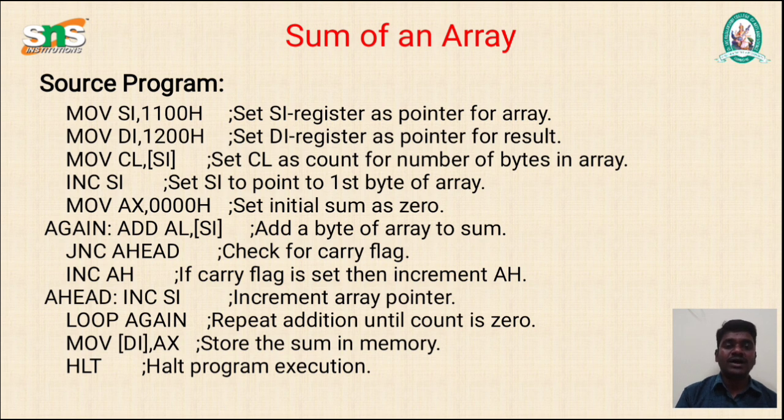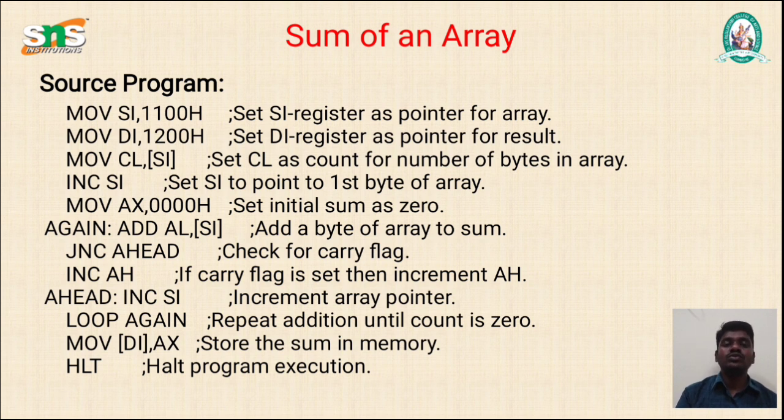Next step, after the addition, JNC ahead means it will go to INC SI. Here JNC means jump on no carry. So if you are adding AL and SI and you get a carry, it will go to the next step, that is INC AH.